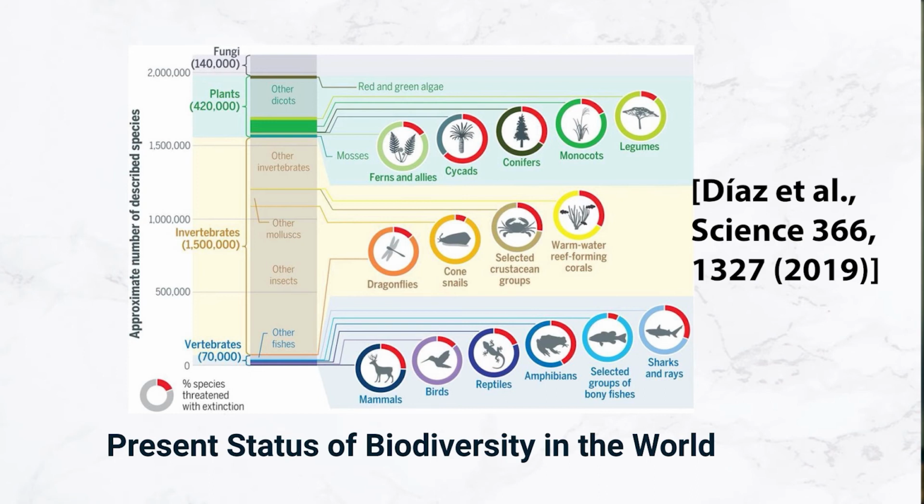The proportion of species threatened with extinction is shown in the pie chart, for groups that have been globally assessed for the IUCN Red List. On average across all these groups, approximately 25% of species are threatened.